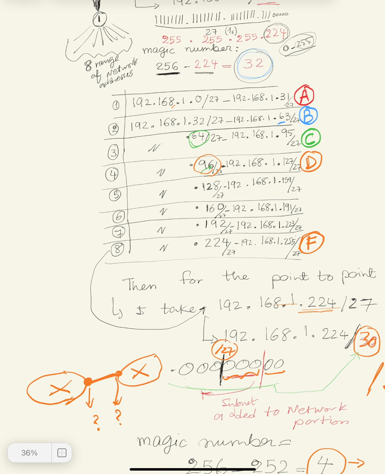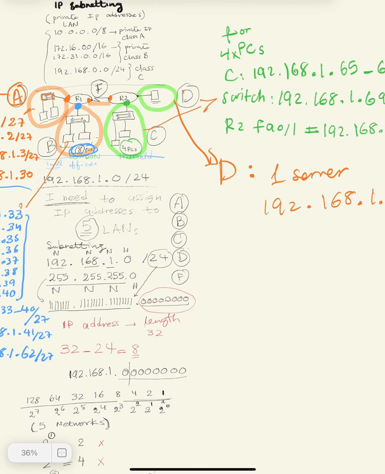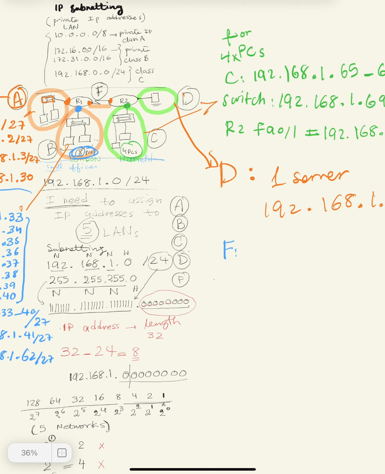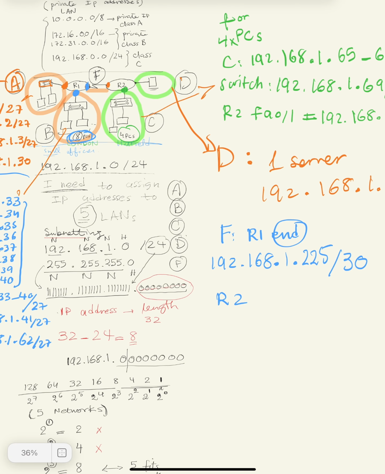So here for my point to point, finally for F, I give this number 192.168.1.225 prefix 30 for R1, and for R2 point to point I'll give 192.168.1.226/30.